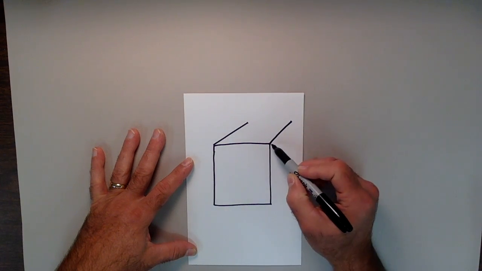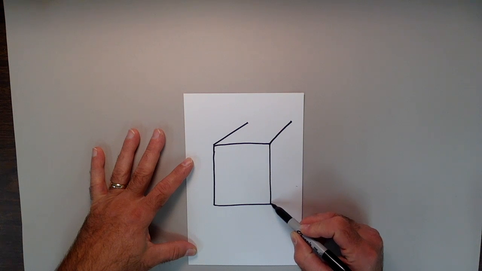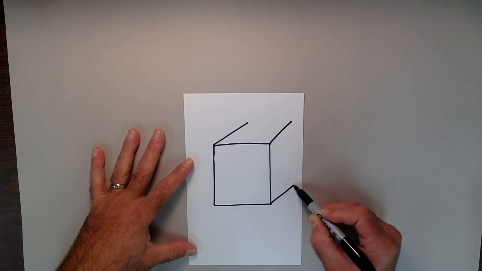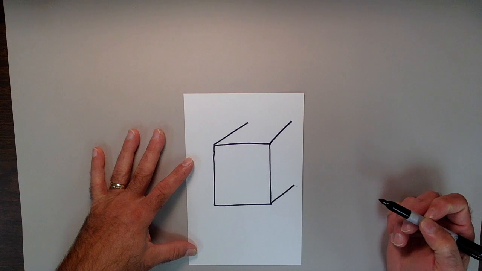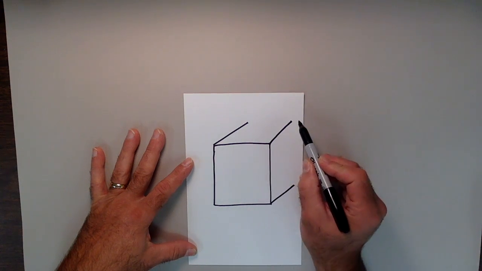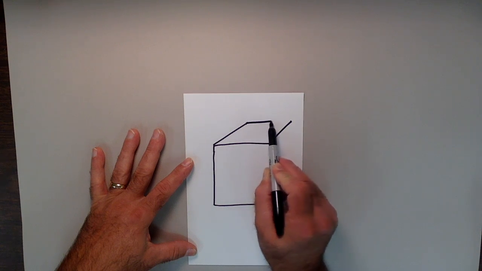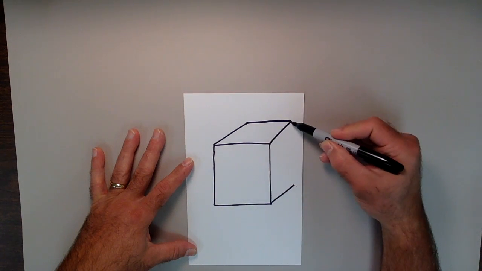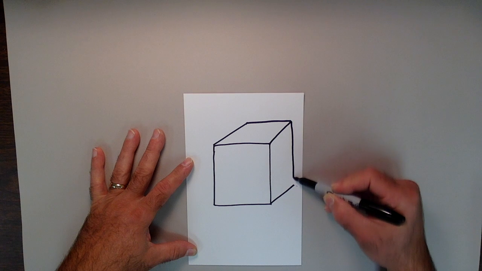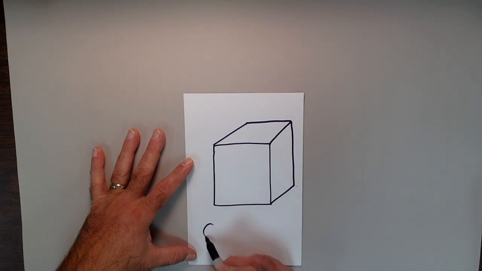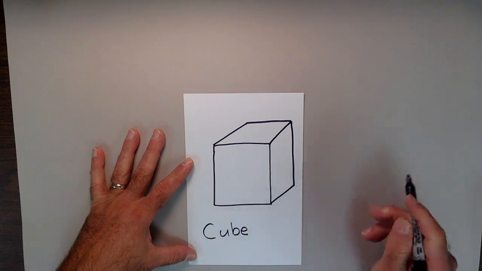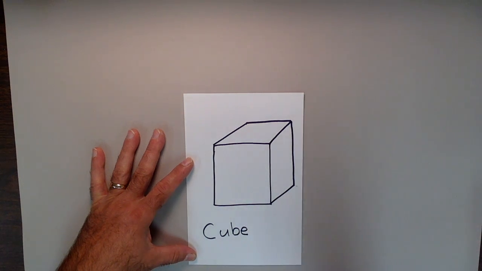So I do one, I do two, but I also have to do this bottom right, and I do a third diagonal. Now all I'm going to do is make the number 7. I've got to connect these two. So I'm going to go horizontal, and then I'm going to go vertical, and I have made a cube.